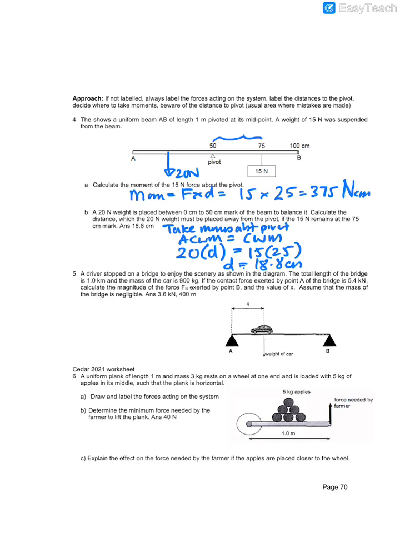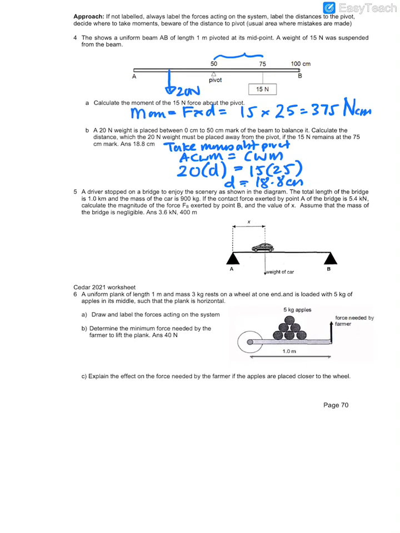The contact force exerted by point A on the bridge is 5.4 kilonewtons. Don't read halfway and stop. Read all the way. Calculate the magnitude of the force FB exerted by point B, and the value of X. Assume the mass of the bridge is negligible. Answer: 3.6 kilonewtons for FB.